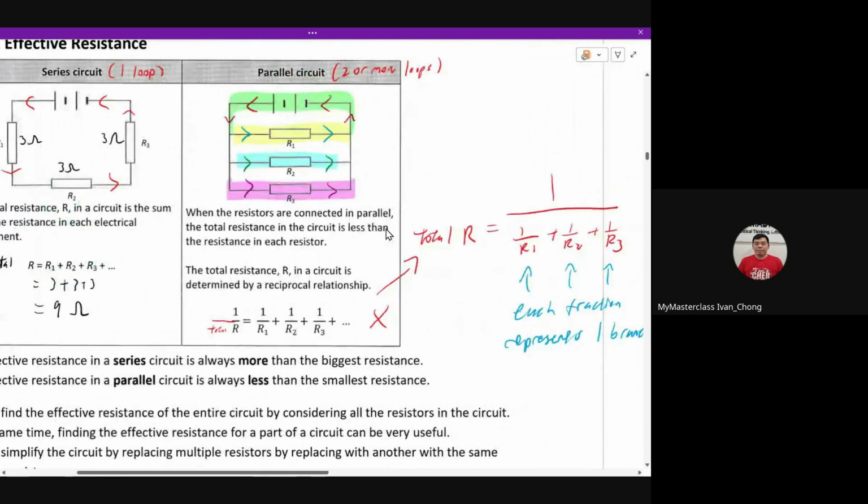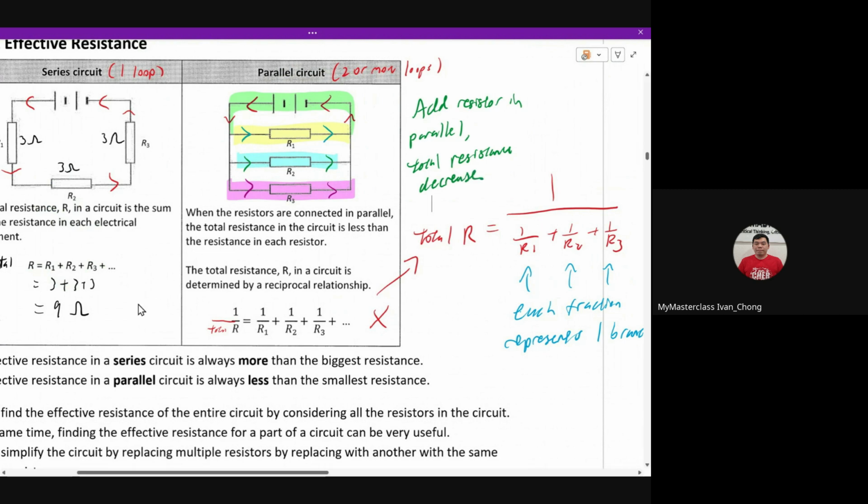So you just need to remember: series, you add, it becomes bigger. Parallel, on the other hand, if you add a resistor in parallel, your total resistance will actually decrease instead.